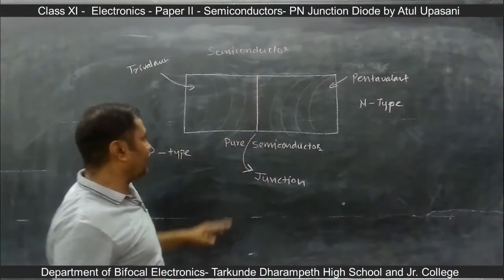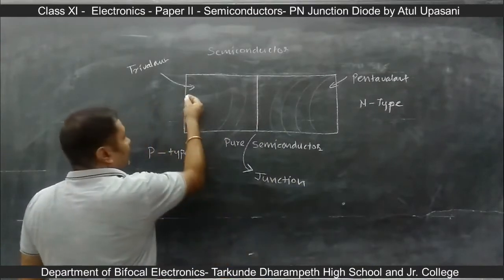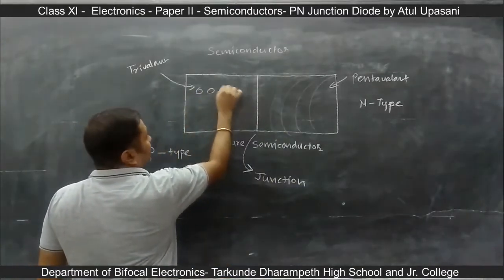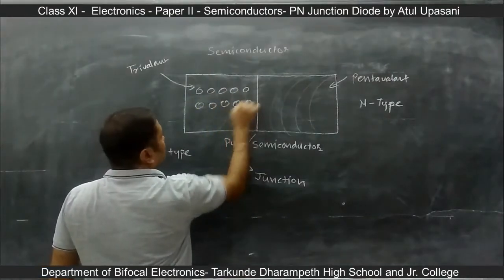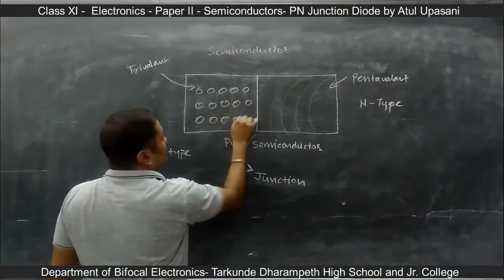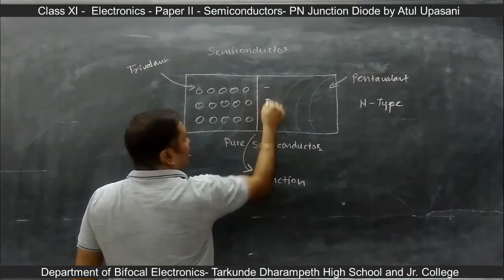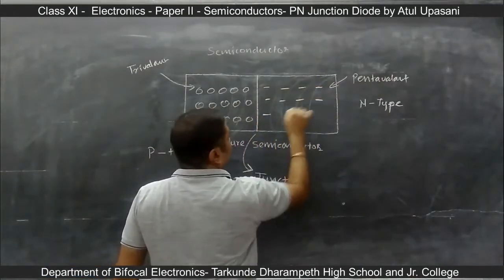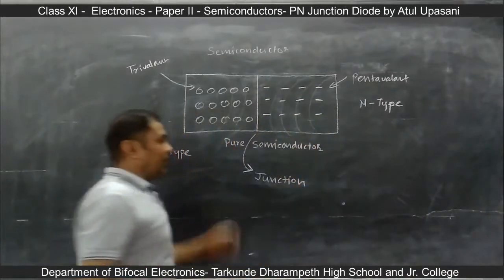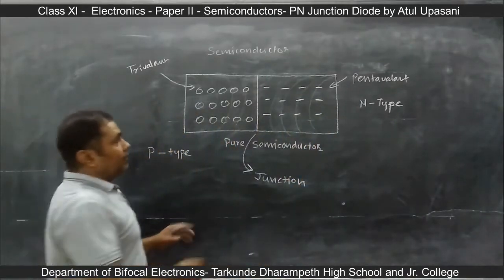Now at the junction, what is happening? See, if trivalent impurity is there, holes will be there. And in the n-type material, there will be electrons. Now at the junction, what is happening?